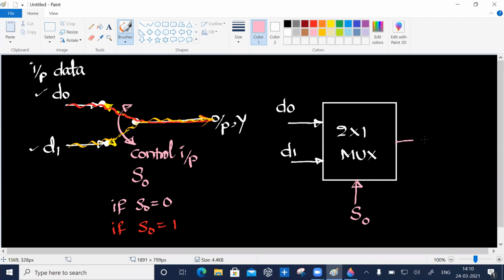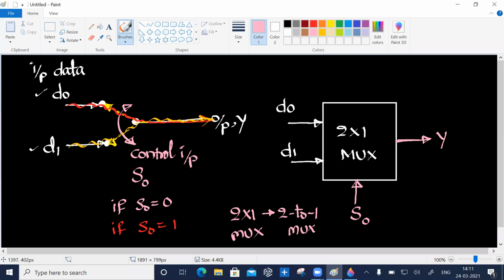This is your output Y. Are you able to understand this? Yes, sir. And this is a 2 by 1 mux. You can also write 2 by 1 mux as 2 to 1 mux, whatever you call it is okay. That means for two inputs, the select input must be 1.